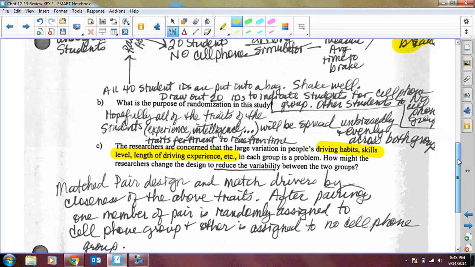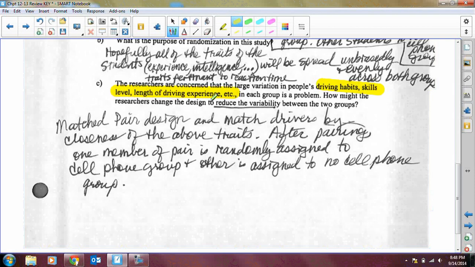All right, now, part C says that they are concerned that there is large variation amongst the people. So they want to do some further control to reduce that variability amongst the two groups. The issue is that they said there's driving habits, skill level, length of driving experience, et cetera.